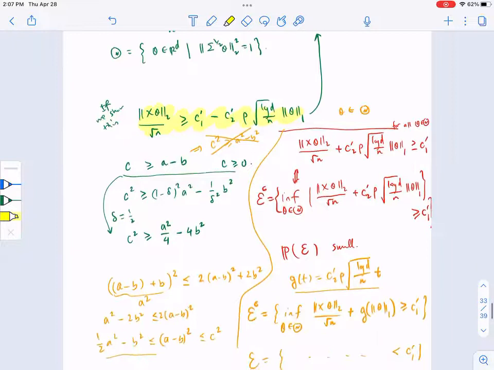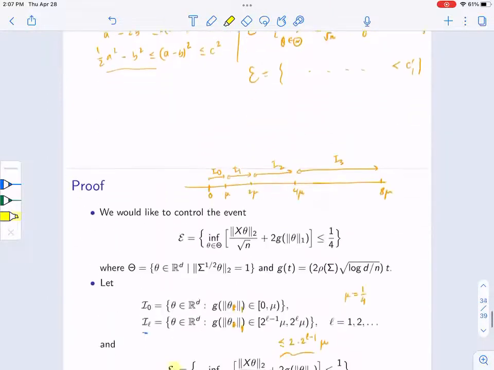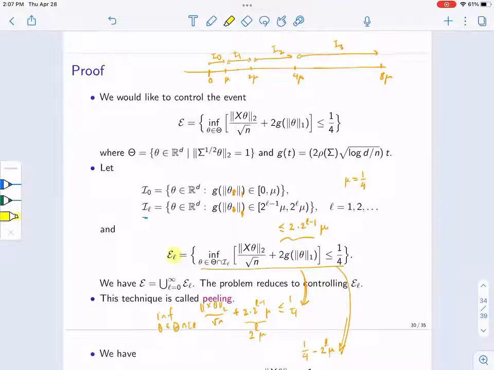And then after some further rearrangement, we wrote it in this fashion. So we want this inequality to hold. So that's the good event. The complement of this, we want to show that's small. So this was the event that we want to control. We want to say that the probability of this is small.